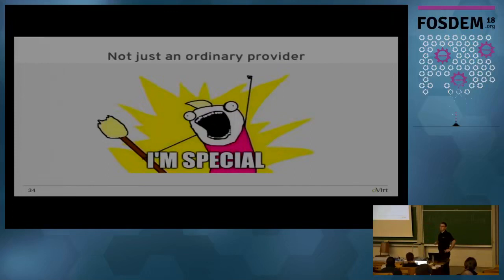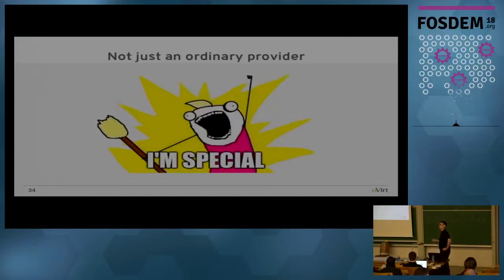But while creating it, we decided that we liked it so much that we wanted to create it as a solution next to our native networking. So now the OVN provider is available in oVirt out of the box. It's supported.